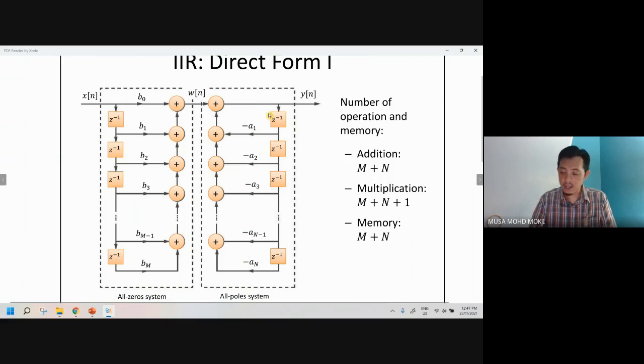Okay, so let's see the number of operations and memory. So addition is M plus N. M is actually the highest index of the input sequence, and N is the highest index for the output sequence. And later, this is called the order of the system.